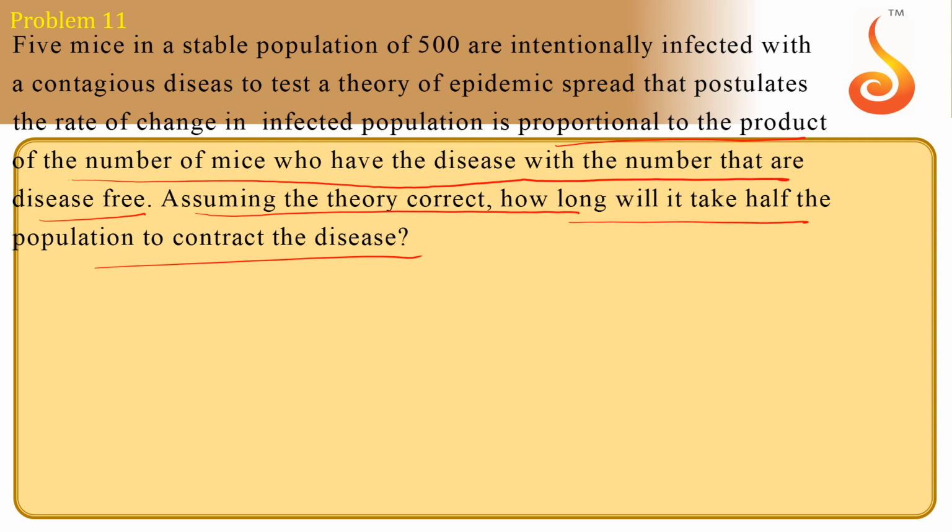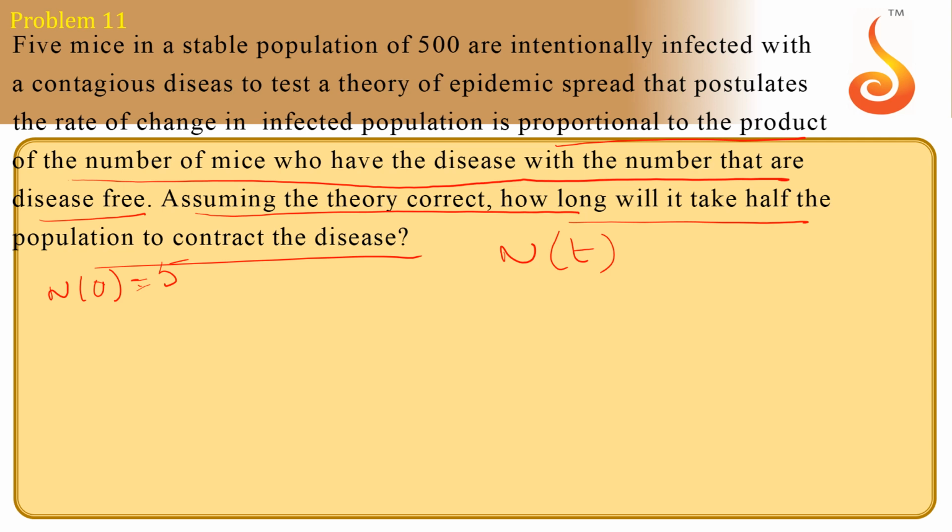Suppose I take n of t as the number of mice with the disease at time t. Can I say n of 0, meaning at starting, five mice of the stable population are infected? So purposefully we started infecting five mice. Overall population is 500.